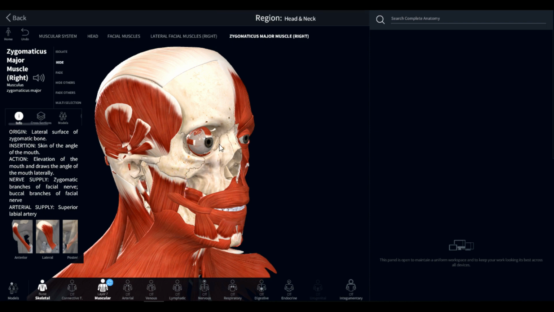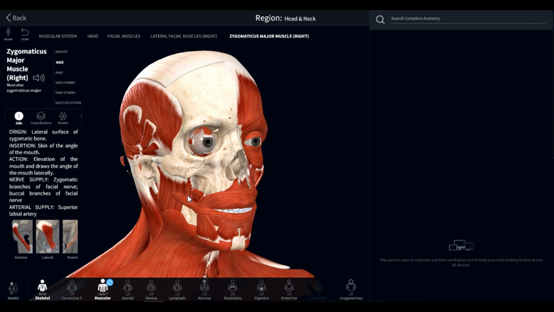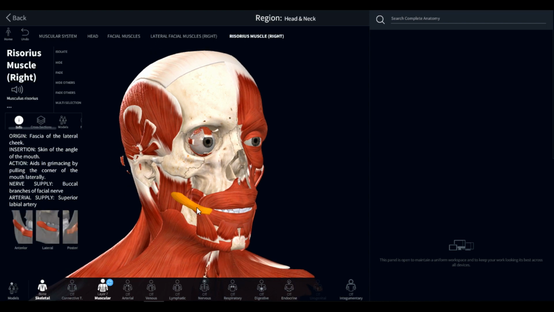Moving on, we find the next muscle, which is the risorius muscle. Now, the risorius muscle has a nerve supply of both the zygomatic and the buccal branches of the facial nerve. The arterial supply for this muscle is by the superior labial artery.